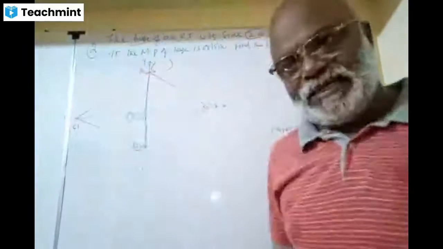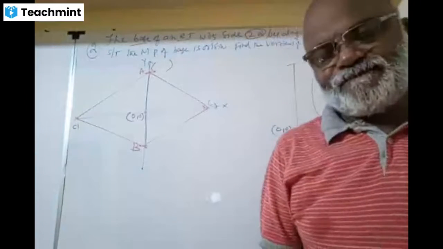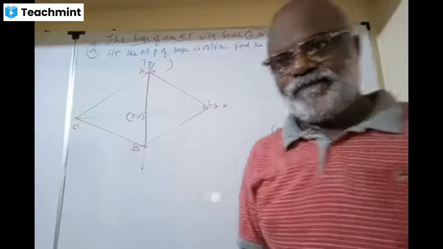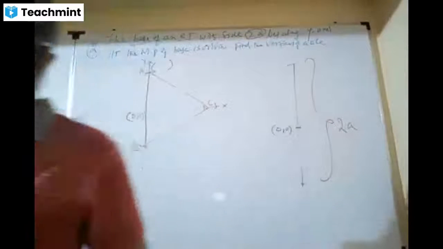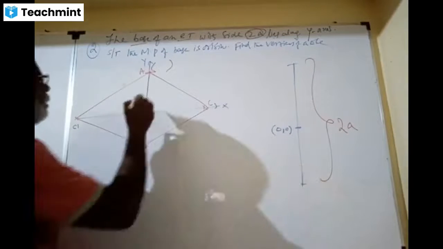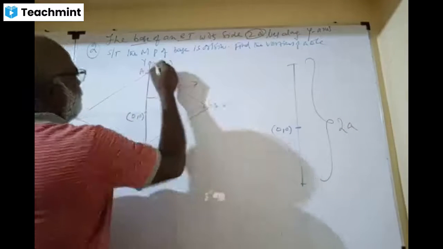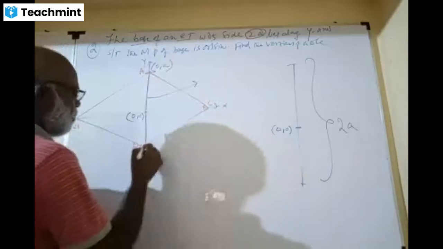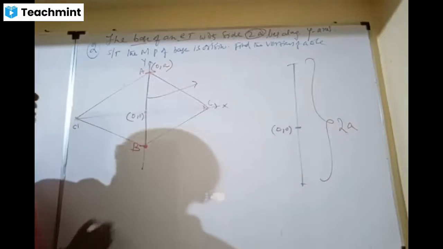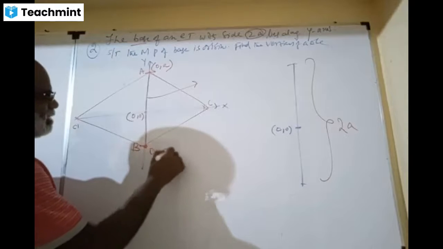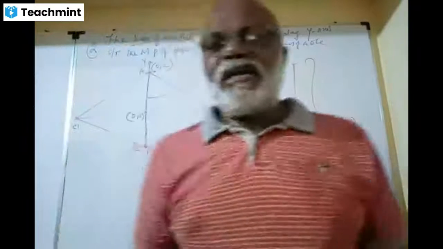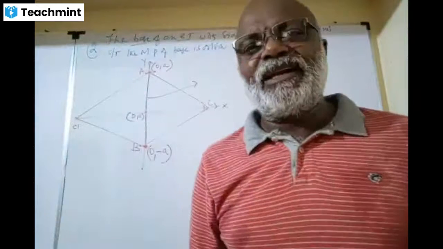This length is 2A. Zero, A, sir. Brilliant. What about B? Zero, minus A. Brilliant. Two vertices are done.